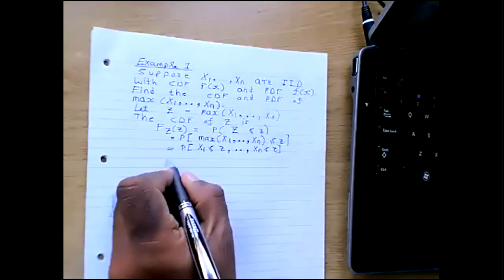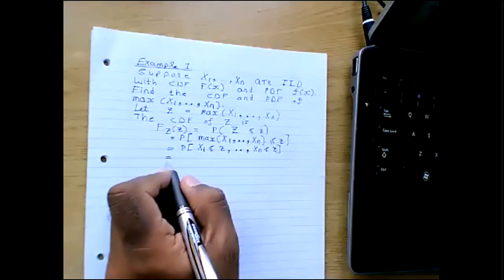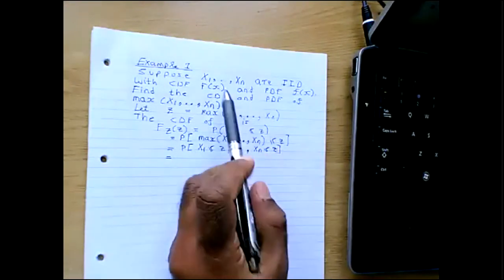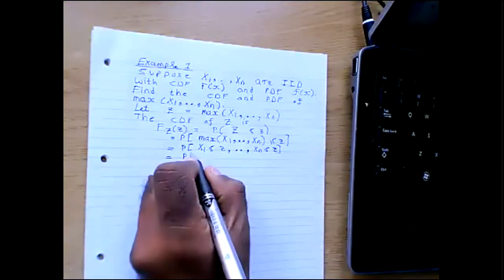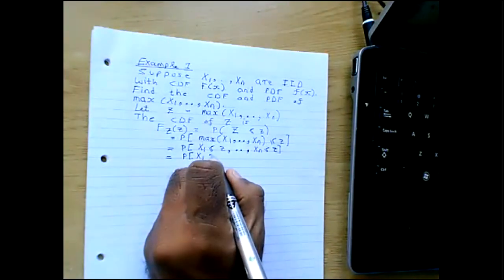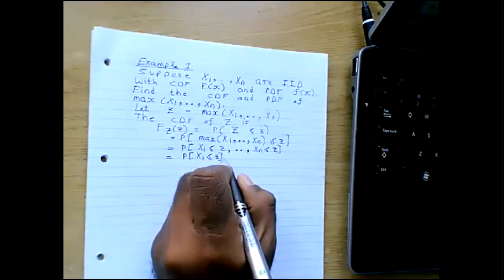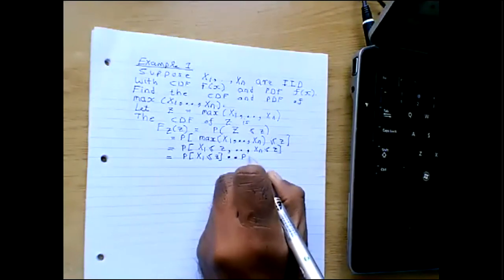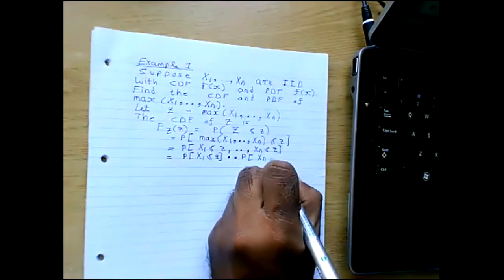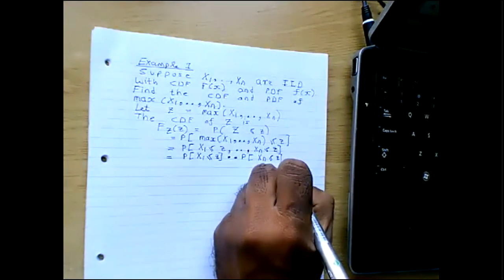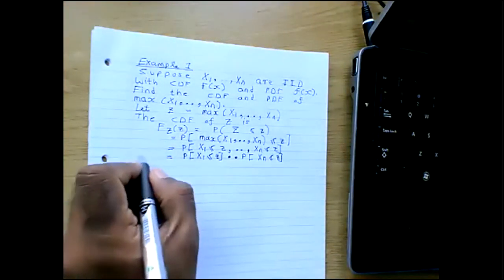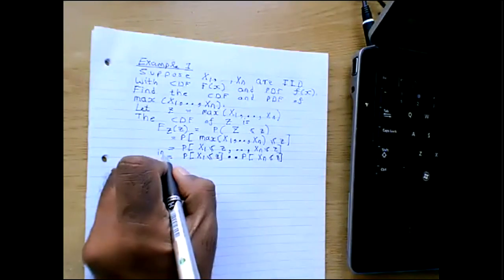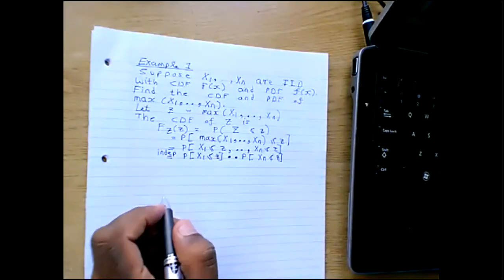In the next step, because we are told that x1 to xn are IID, which includes independence, this is what you get. That's because of independence. So this follows by independence, this step here.